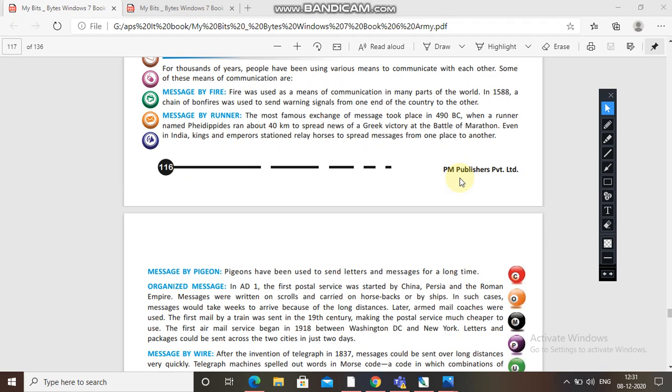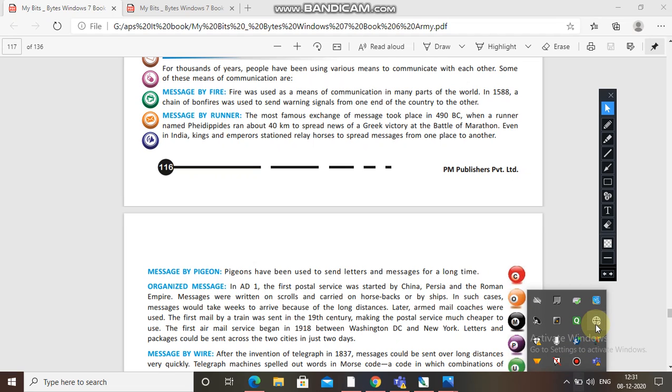You also have an answer: firstly they were sending messages by fire. Fire was used as a means of communication in many parts of the world. In 1588, a chain of bonfires was used to send warning signals from one end of the country to the other. These were used for sending messages.